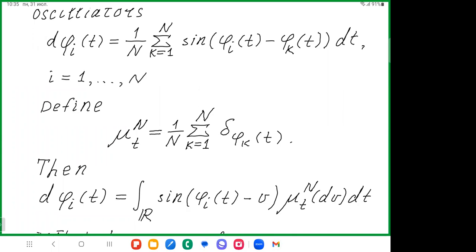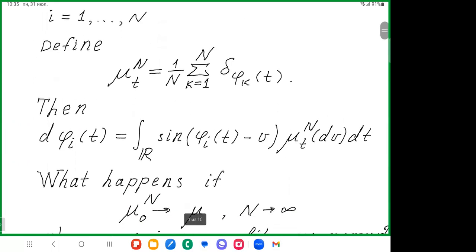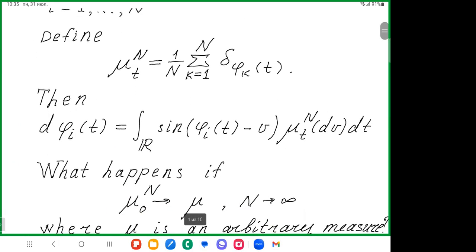And one of the questions is, what happens when n tends to infinity in such a way that mu 0 n approximates some probability measure? So what happens with our equation?